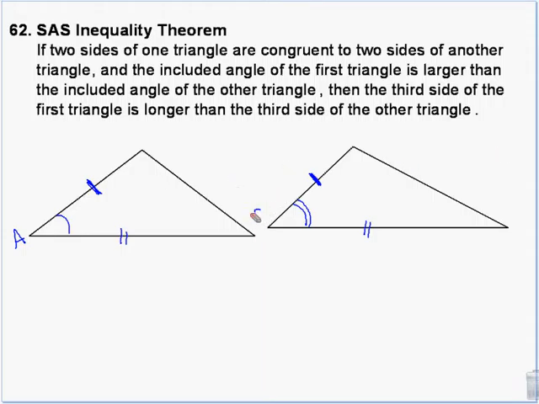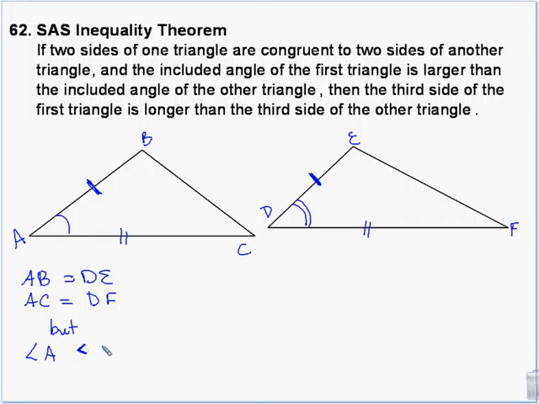Actually, let's not do that. We'll call this ABC, and this will be DEF. Okay. So AB is the same as DE, and AC is the same as DF, but angle A is smaller than angle D.